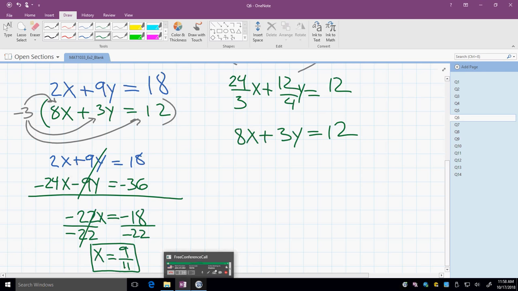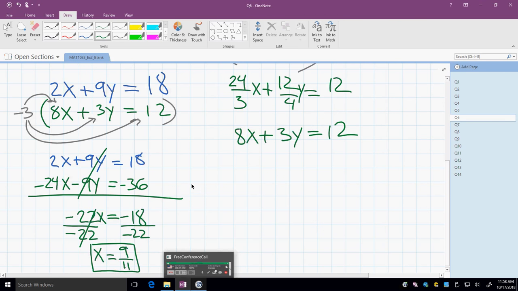Now we have x already, right? So we have to find y. Whichever equation you pick to substitute, you're going to get the right number. Which one do you want to do, the blue one or the green one? Blue one. Okay, we're going to substitute x in the blue one.